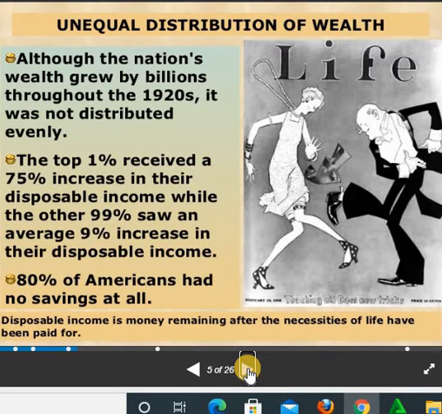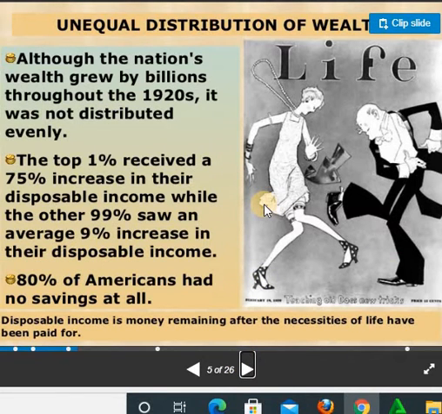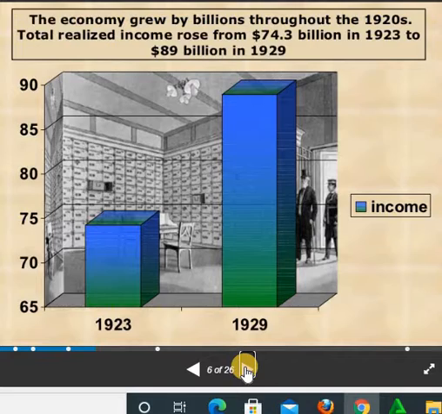To explain this, the economy of America during the 1920s grew by billions, but it was not distributed evenly, as only 1% of the American population received a 75% increase in their income, yet the larger part of America's population, which constituted 99%, only received a 9% increase in their disposable income. So at the end of the day, 80% of Americans had no savings at all.